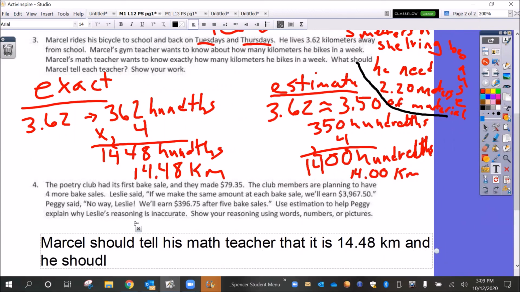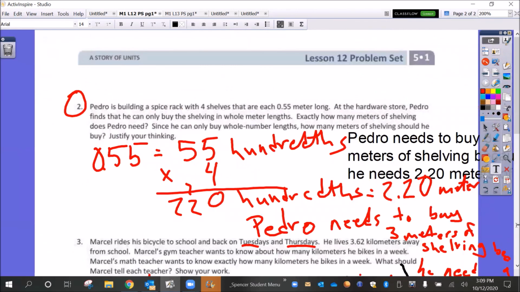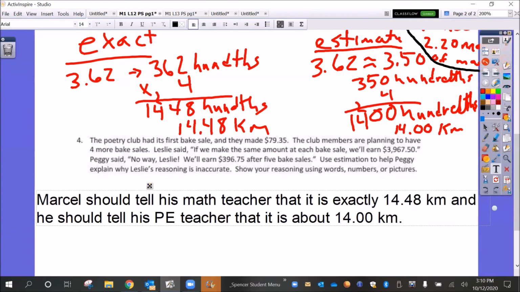He should tell his PE teacher that it is about 14.0 kilometers. Because the first one was exactly, so let's actually put that in there. Perfect. All right, so let me just scroll down so you can see that again. Move it in the middle. And we're not doing number 4.